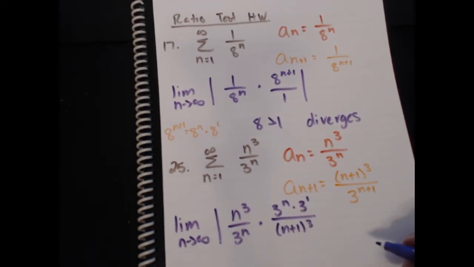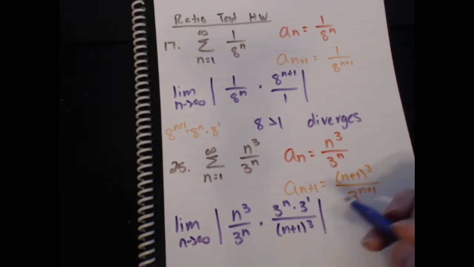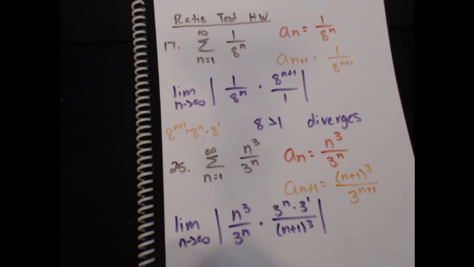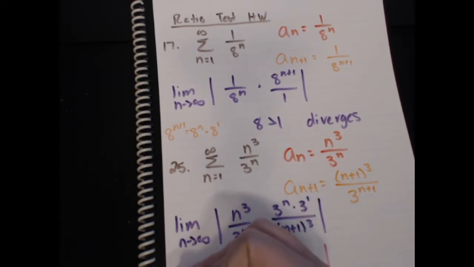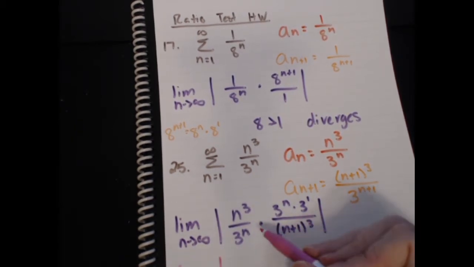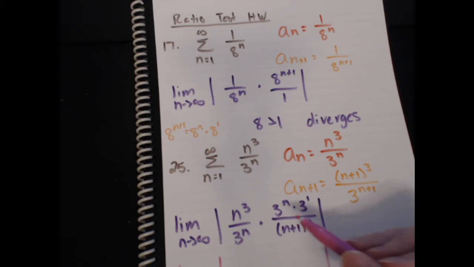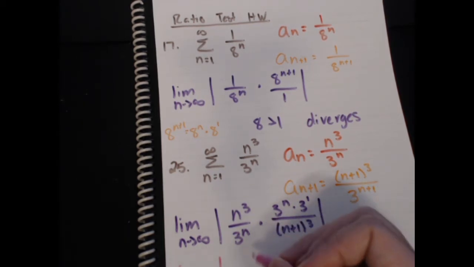Maybe that will help with seeing what we're canceling out. So we have the limit as n approaches infinity. Okay, so our 3 to the n's, what happens to them? They cancel out, right?